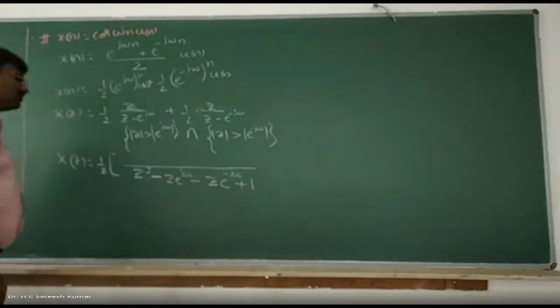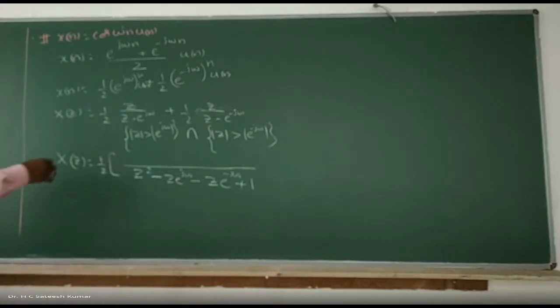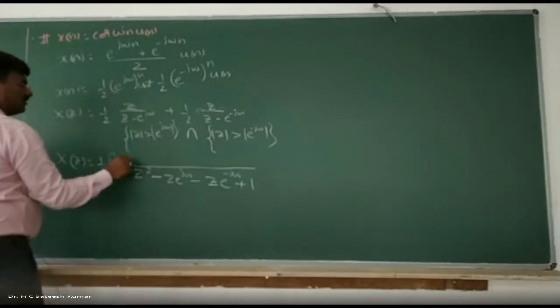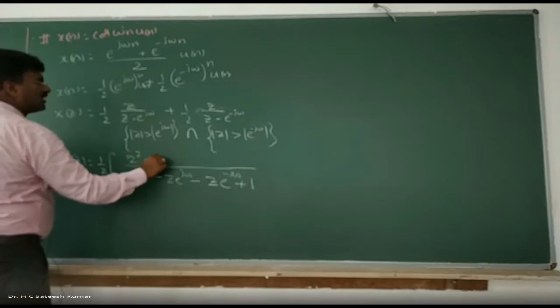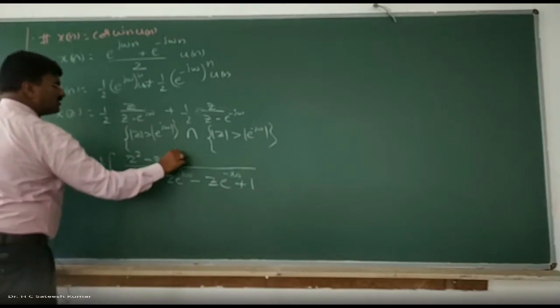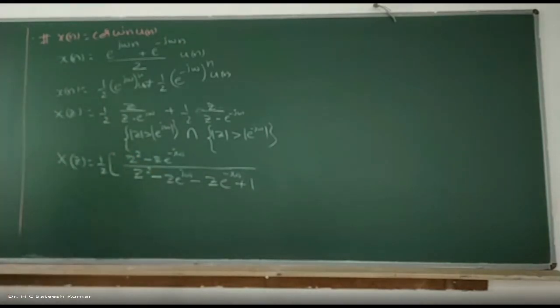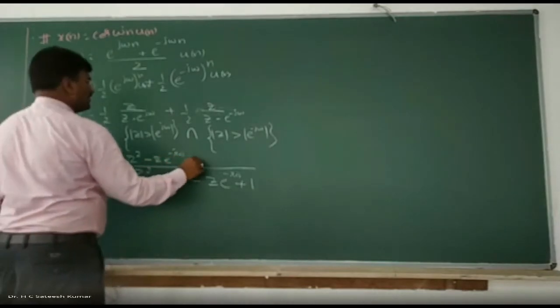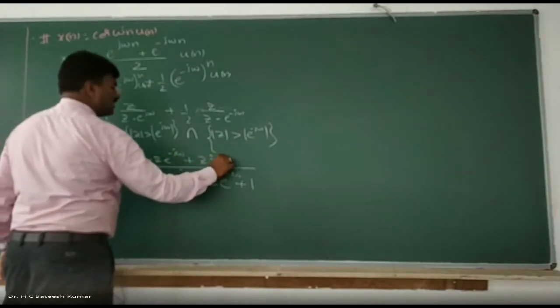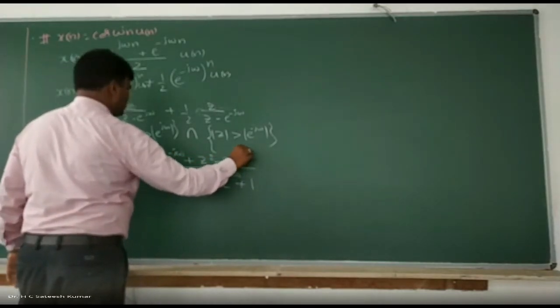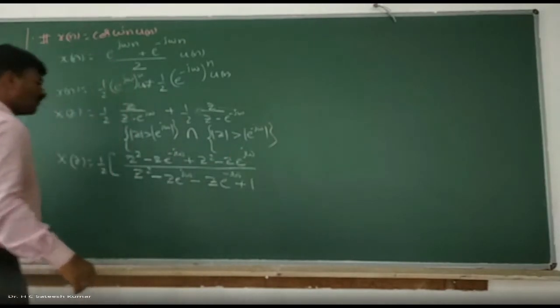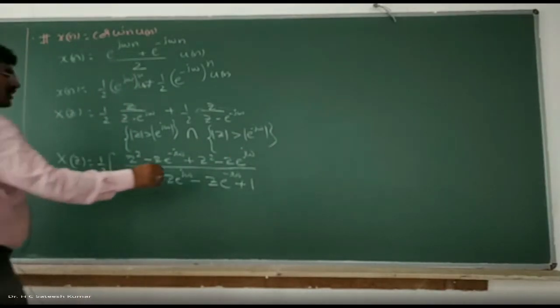Okay, right. So now in the numerator you would multiply, and what will you get? Z square minus z into e to the power of minus j omega, and plus z square minus z into e to the power of j omega. Okay, right. So close the bracket.